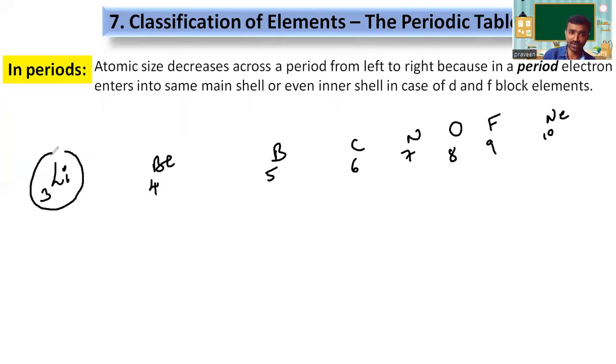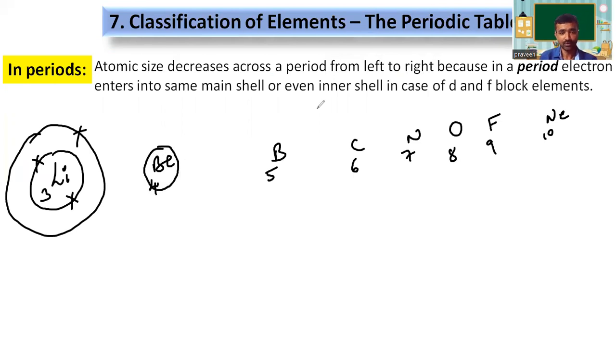First shell, second shell, to distribute 3 electrons for lithium. Then beryllium: how many shells are required? Only 2 shells are enough. 2 electrons into the K shell, then 2 more electrons into the L shell.